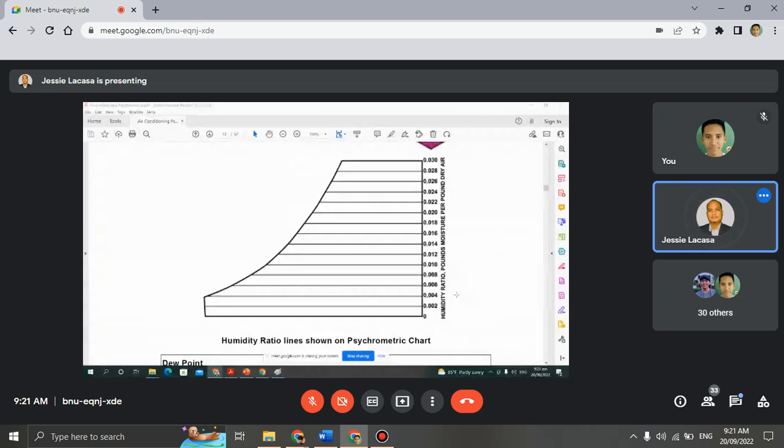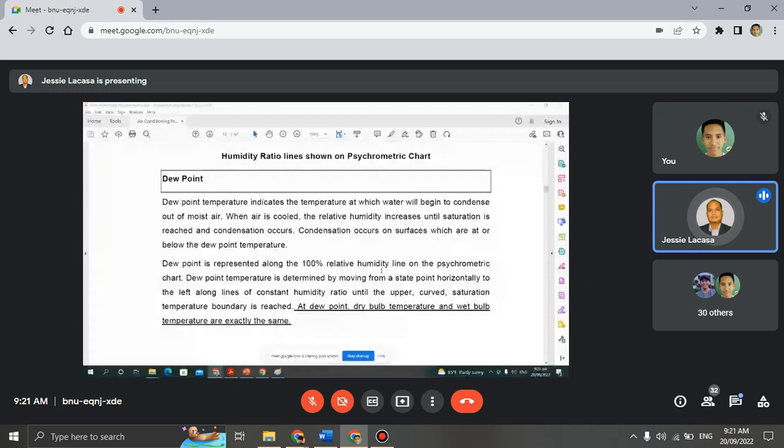Then another is the dew point. The dew point temperature indicates the temperature at which water will begin to condense out of moist air. As I said earlier, the method of dehumidification is by using a cooling coil.